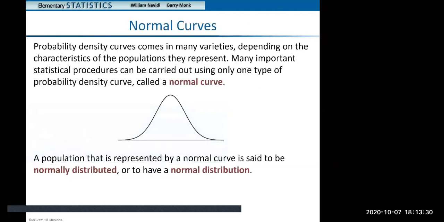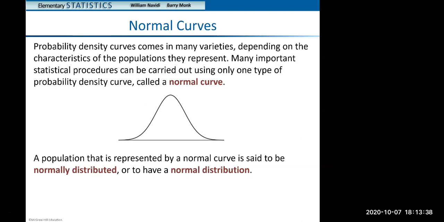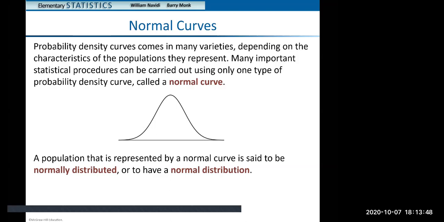Probability density curves come in many varieties, depending on the characteristics of the populations they represent. Many important statistical procedures can be carried out using only one type of probability density curve, and that is a normal curve. You learned different curves before, like skewed to the left, skewed to the right, and approximately normal.